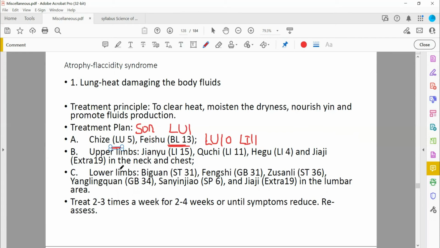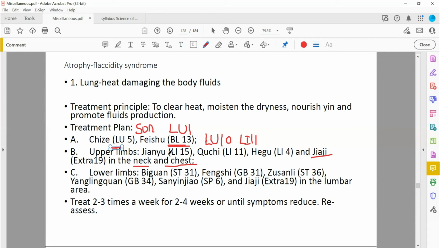夹脊 is called 华佗夹脊. These are points along the vertebrae, and the 华佗夹脊 from the neck and the chest will be responsible for the upper limbs.